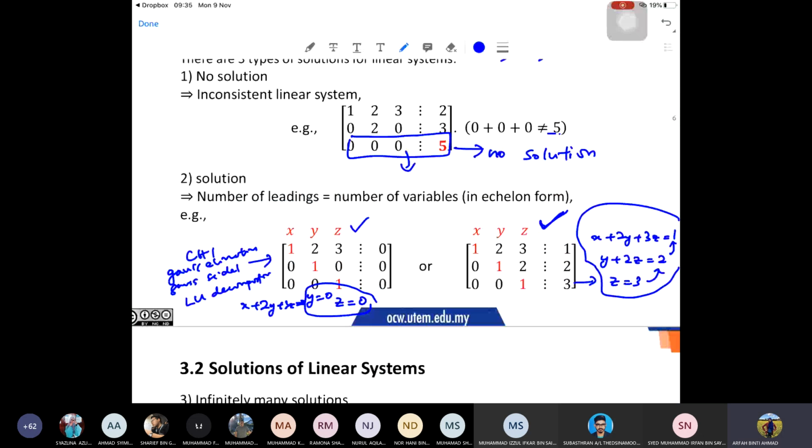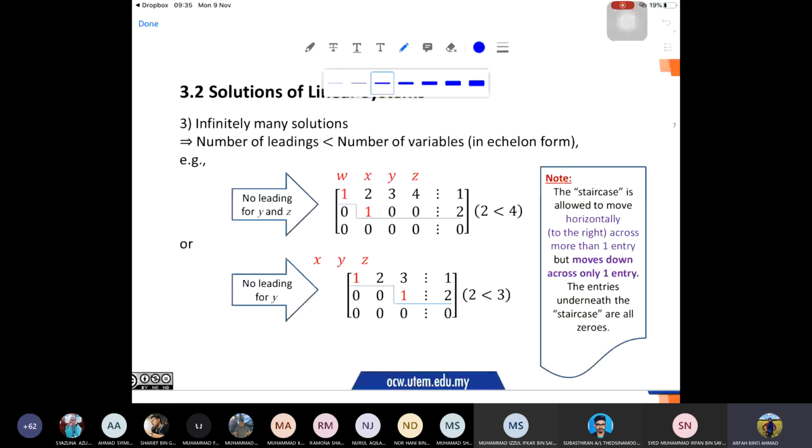Gauss Seidel and Gauss elimination. So the third one, the one that we are going to deal with is the case where you have infinitely many solution. Number of leadings will be less than number of variables.